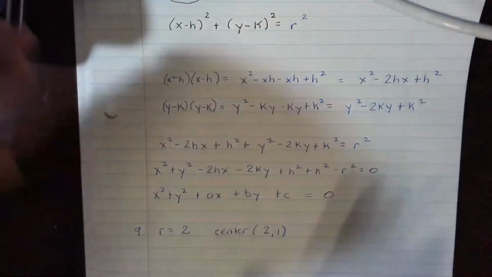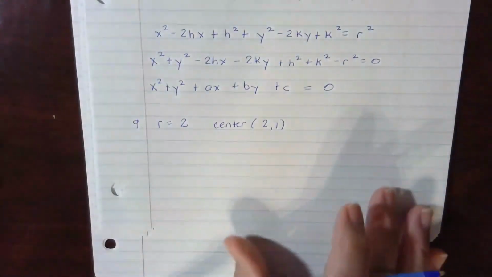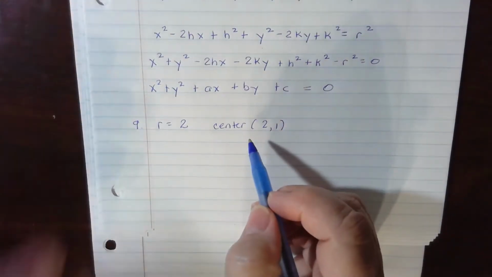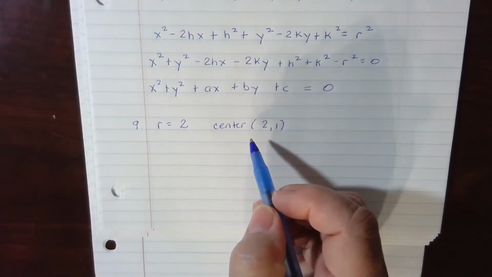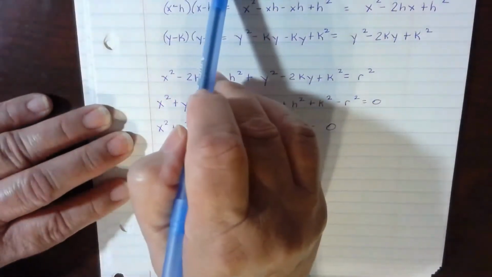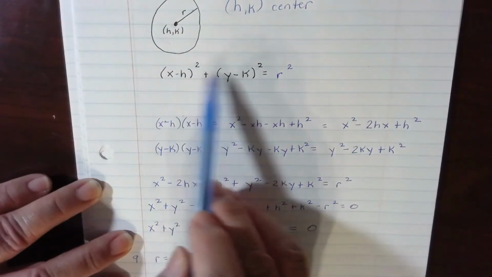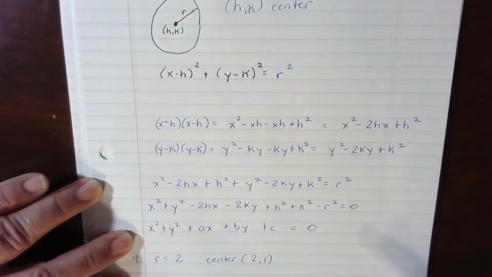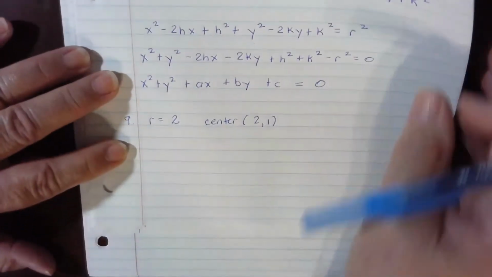And so the directions are to write it in standard form. That's this form right here, where we just fill in the h and the k and the r. And remember, it's minus.